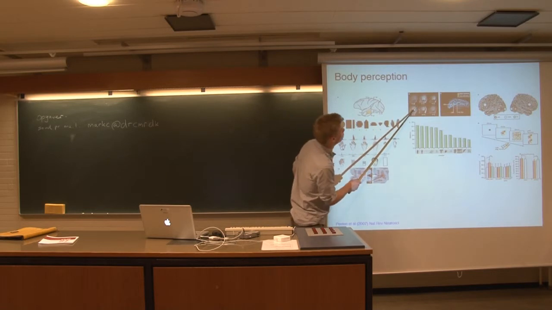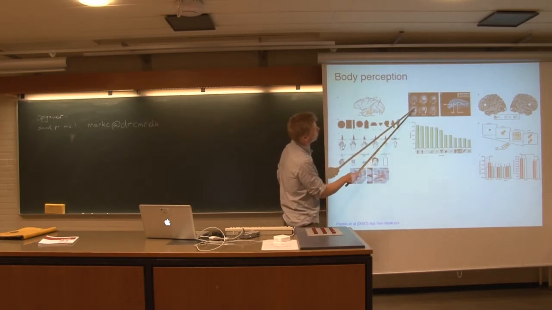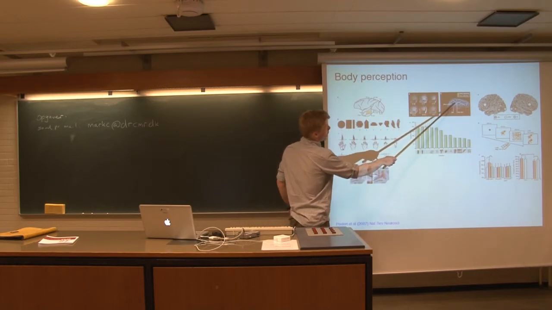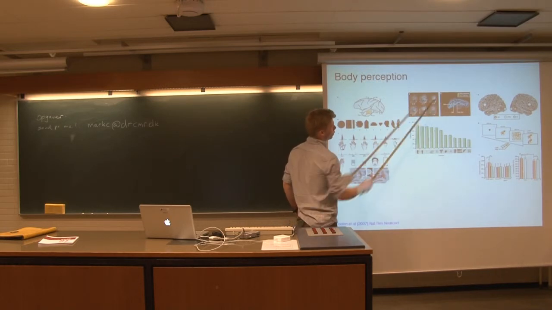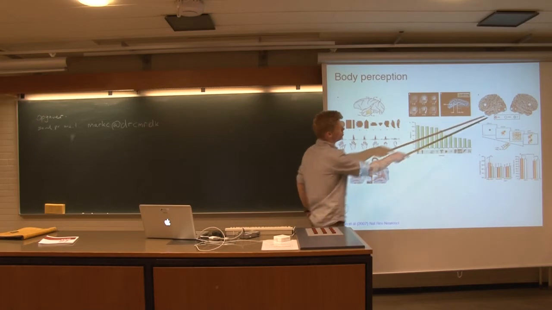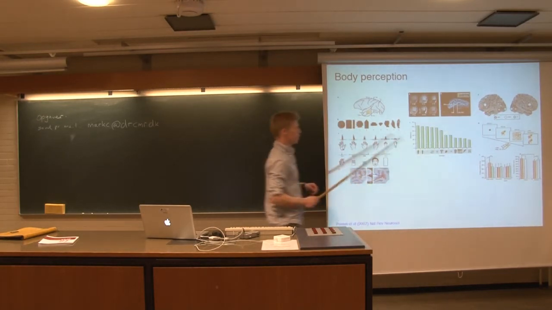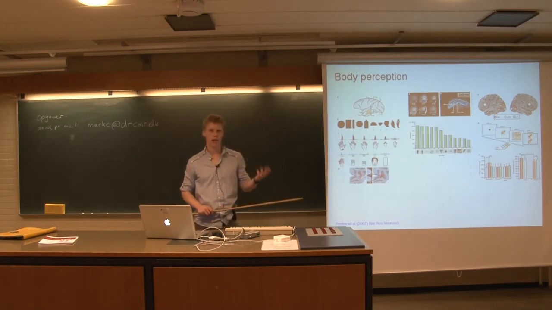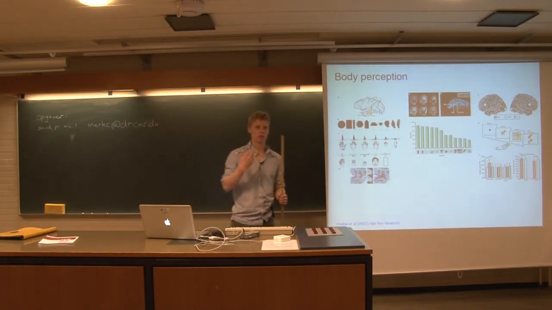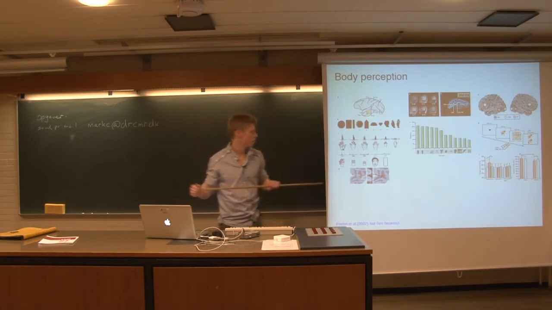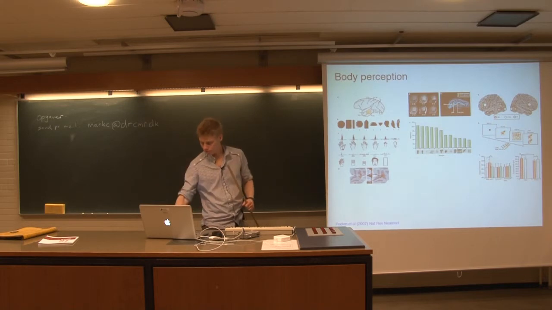It's a bit difficult to see, but it's located here, somewhere in the area between the temporal lobe and the parietal lobe. Well, actually more in the temporal lobe down here. This is an area that's specific for recognizing body parts. So if you present images of bodies, you will see that this extrastriate body area will show increased activation.